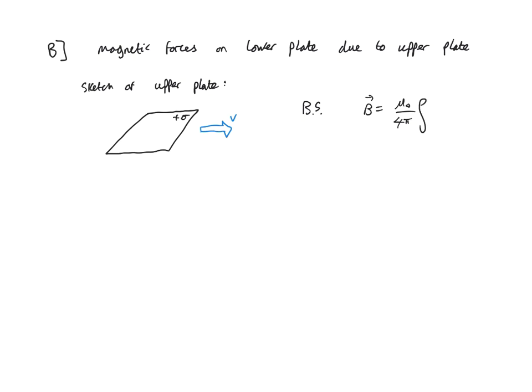So this magnetic field is generated because there's basically a surface current. Why is it a surface current? Because it's a 2D charged plane that's moving. So we use the Biot-Savart law for a surface current, which looks like this, as derived in the previous lecture.